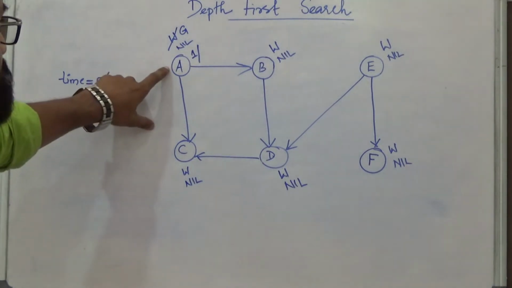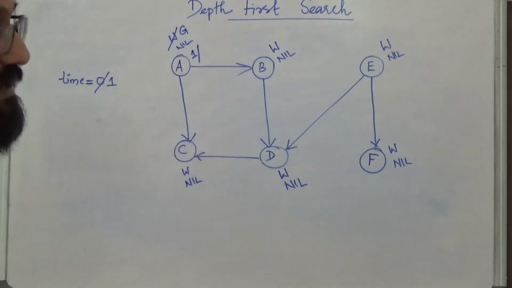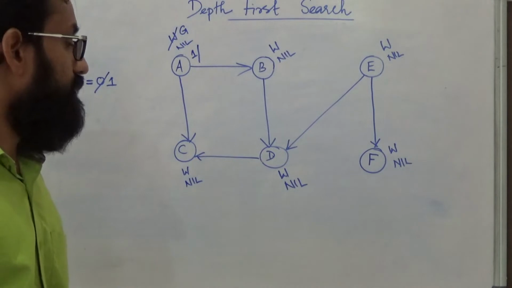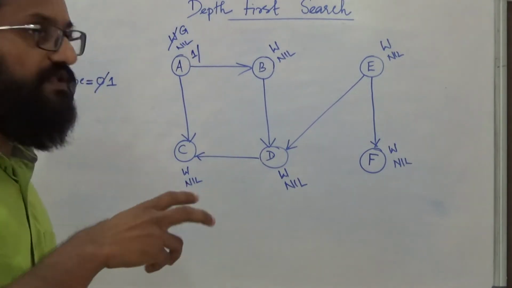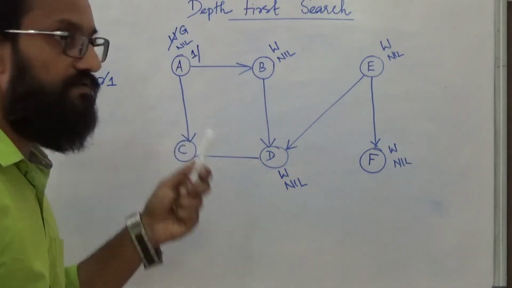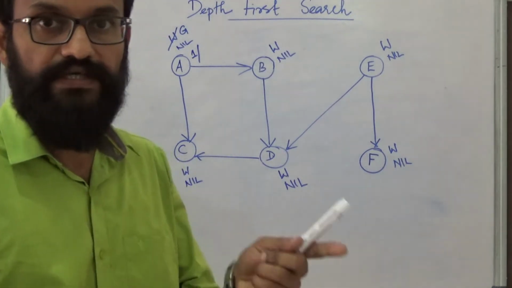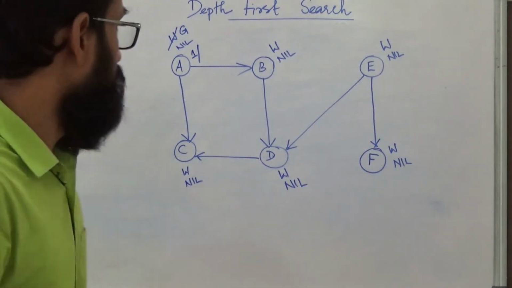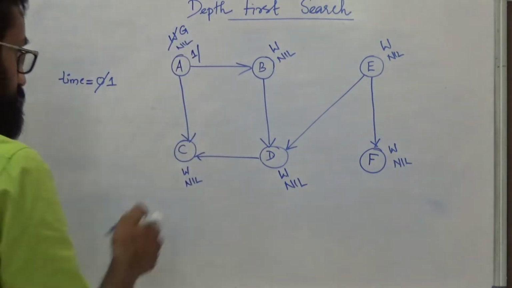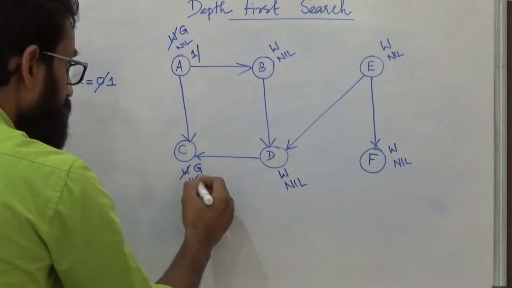Now as far as A is concerned, it is having two adjacent white vertices B and C, that is, two adjacent undiscovered vertices. So it will go to any one of these two vertices. It can either go to B or to C. But in the case of breadth first search algorithm, it will go to B and C. Assuming that from A it goes to C, it discovers C. So color will turn to grey.